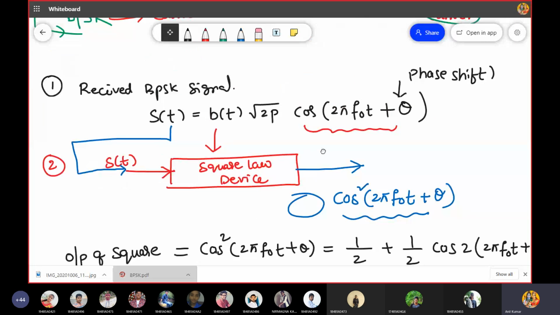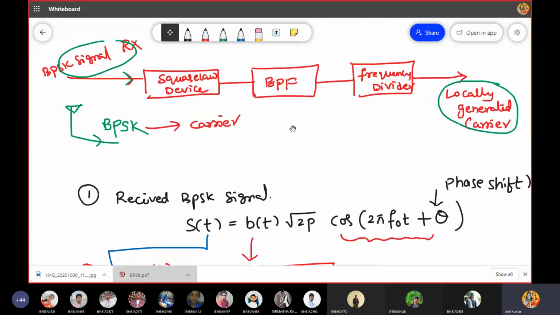What is the second block? First, the received BPSK signal. All of you please look at this.